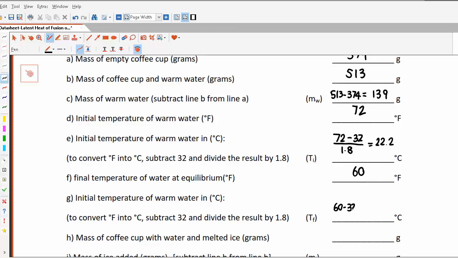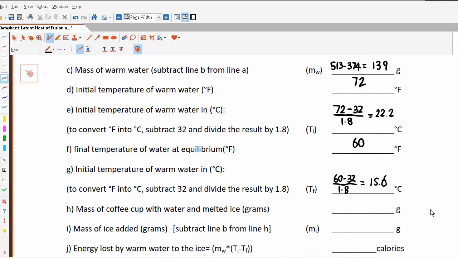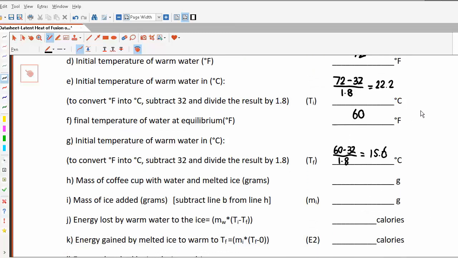So I'm going to subtract 32 and divide by 1.8, and that gives me 15.6. So in centigrade, my initial temperature was 22.2, and my final temperature, the equilibrium temperature, was 15.6.